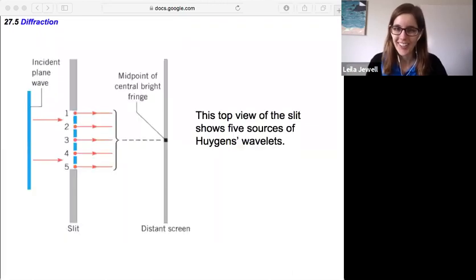So what's going on here? Once again, the incident plane wave can be considered to have 5 different sources. At the very middle, all of these are going to meet, and that's going to produce a bright spot because of the symmetry of it.